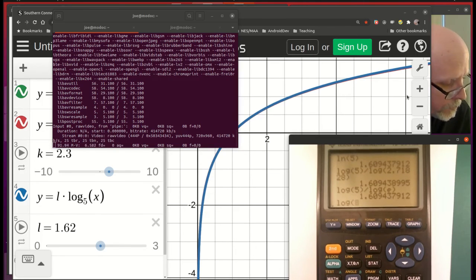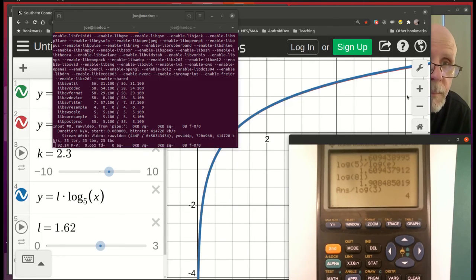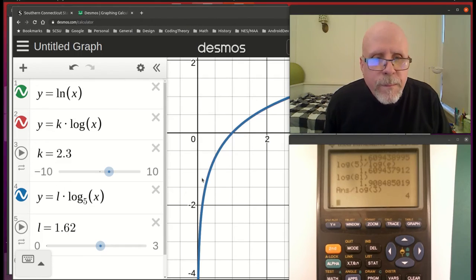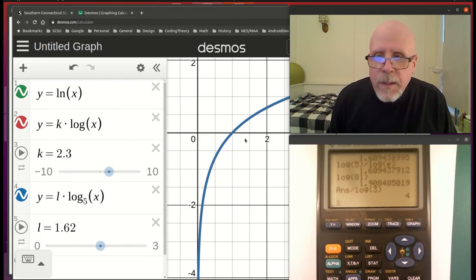Log of 81 is that number divided by log of 3. Wow, 4. Yeah, so that works. Anyway, the change of base formula is quite useful, so it's something we're going to want to remember.